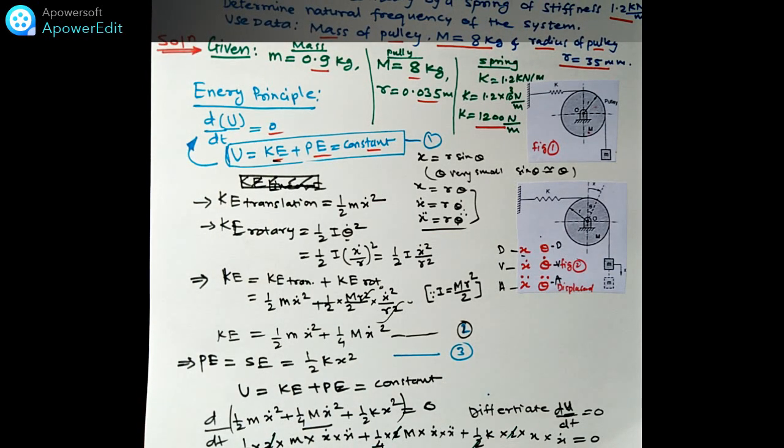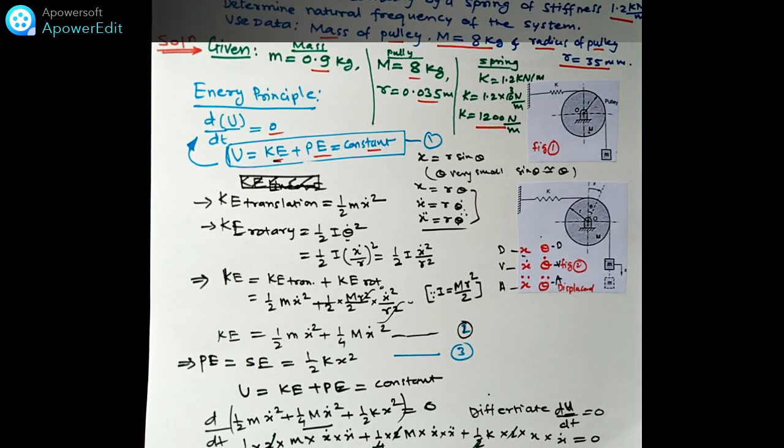I will write it again. The remaining terms: m x dot x double dot plus M by 2 x dot x double dot plus k x and x dot, which is equal to 0.